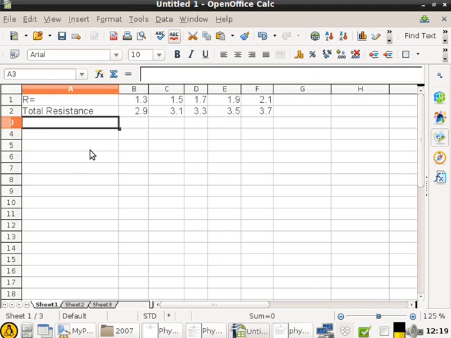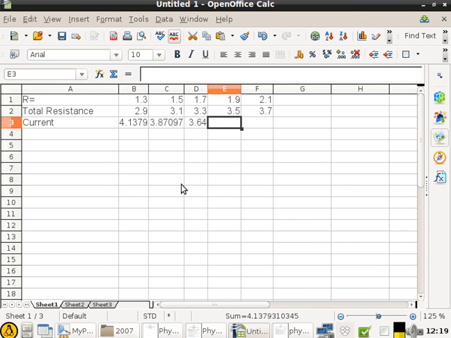And you're using the formula V equals I R. So I is V over R. So that is V, which is 12, divided by R. So what did you get first? Yeah. You have these numbers.